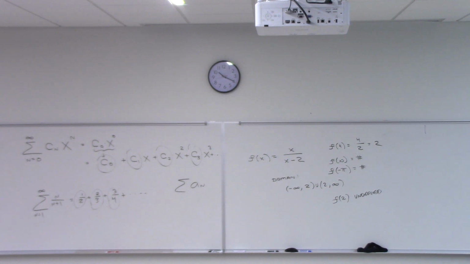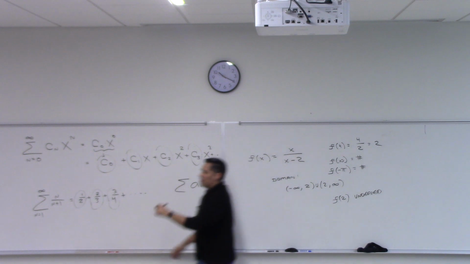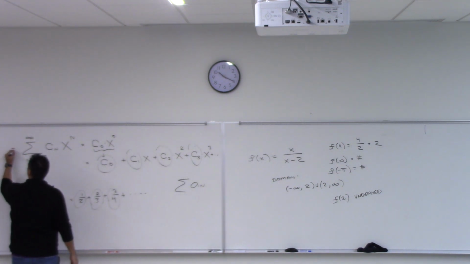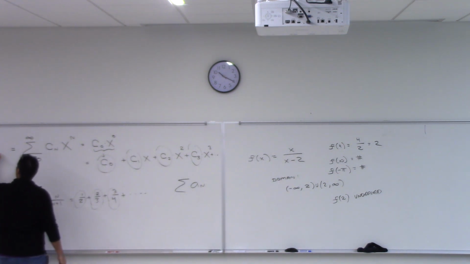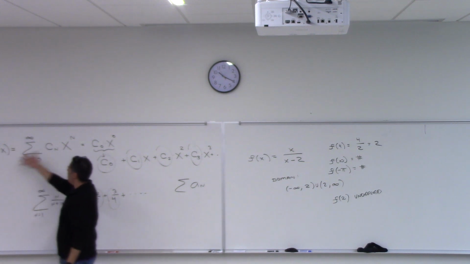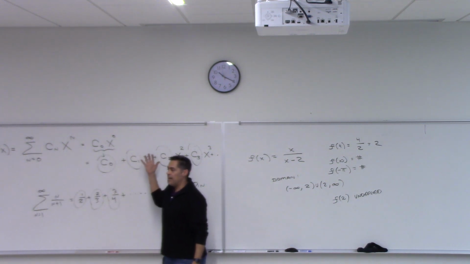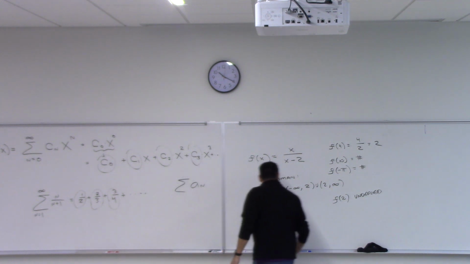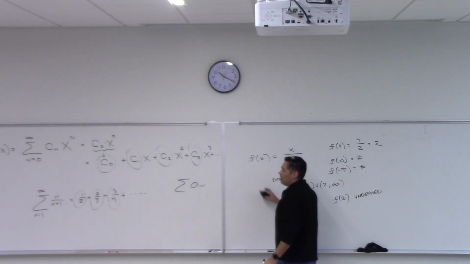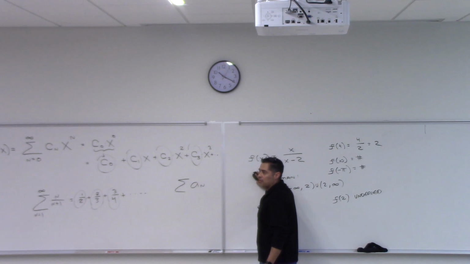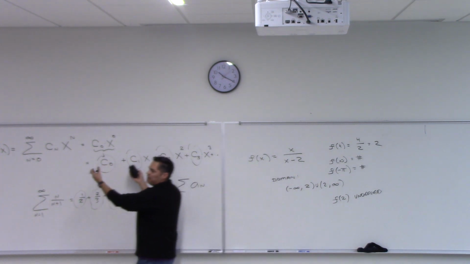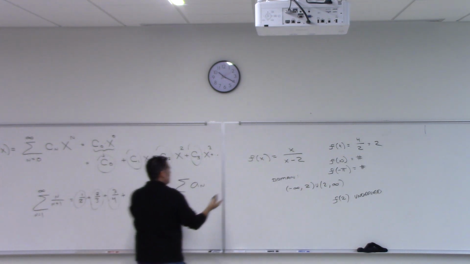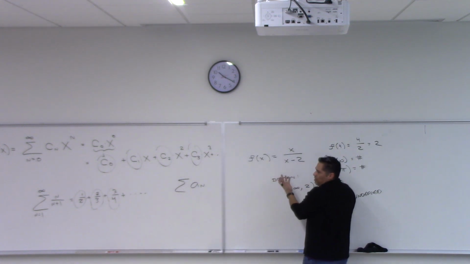So if we define this, the only difference in the notation here, all I've done differently is in front of this, I've said, hey, everyone, let's call this f of x. Let's call this a function. And it now depends on x. This function only makes sense if it converges, just like this function only makes sense if you plug in things other than 2.